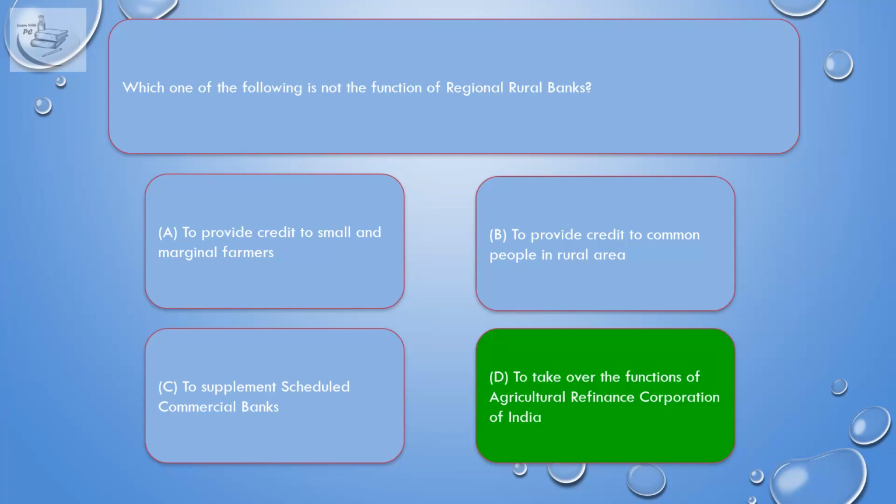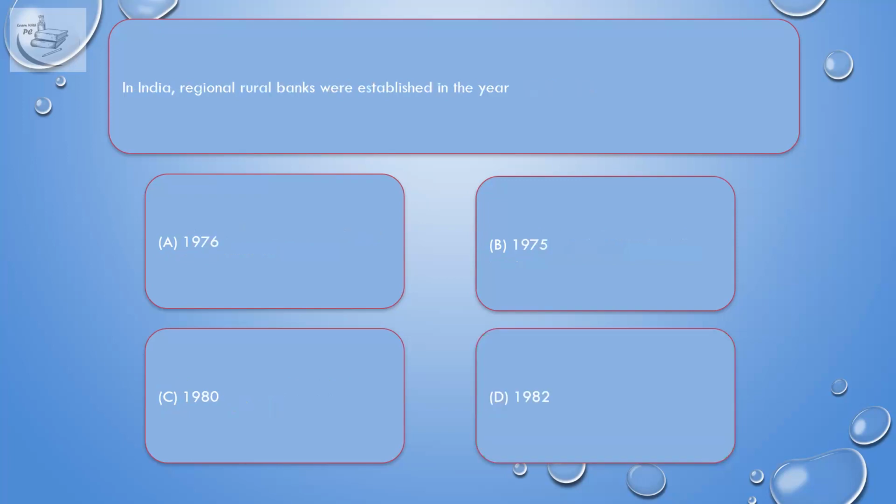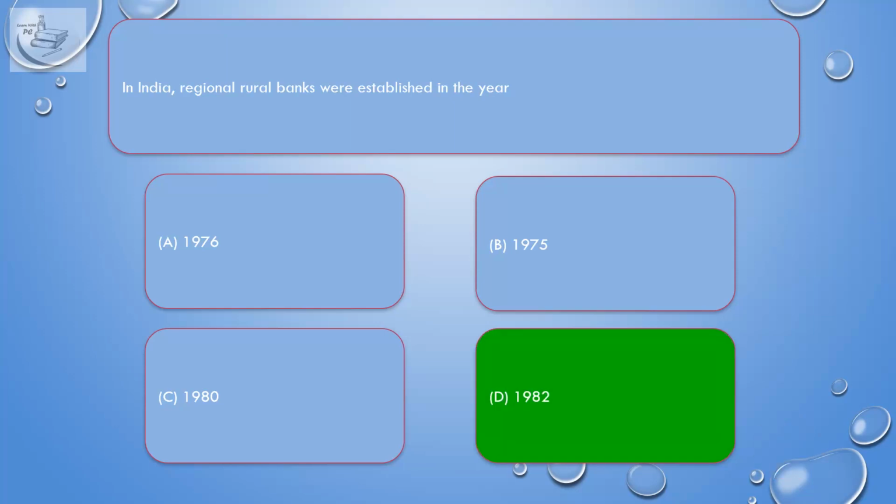Correct answer is D. To take over the functions of Agricultural Refinance Corporation of India. Question: In India, regional rural banks were established in the year A. 1976, B. 1975, C. 1980, D. 1982. Correct answer is D. 1982.